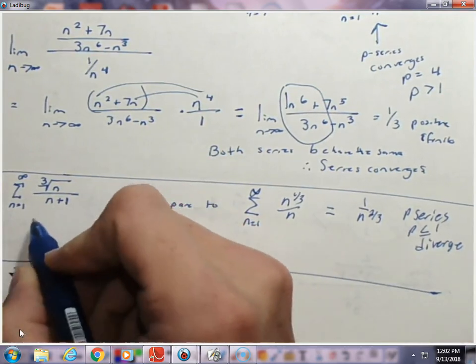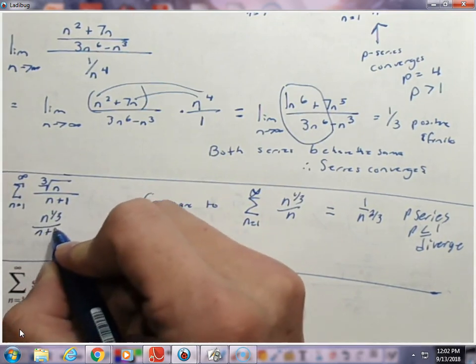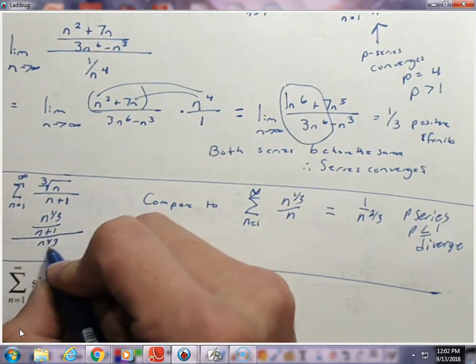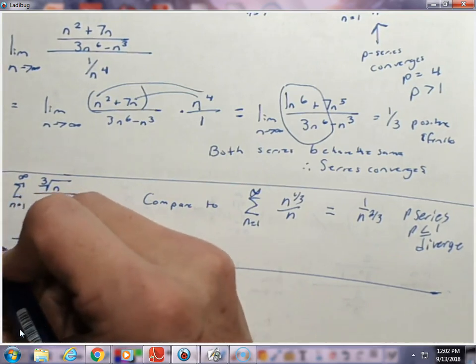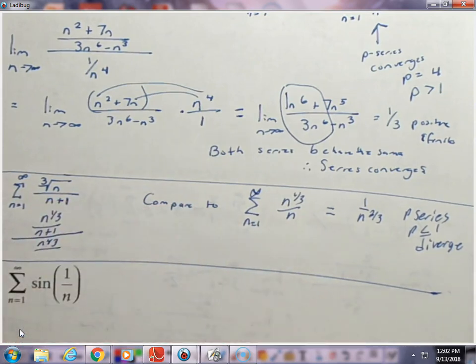So, n to the 1/3 over n plus 1 over n to the 1/3. Could you have used comparison or not? You could have. Are you smaller than what diverges?